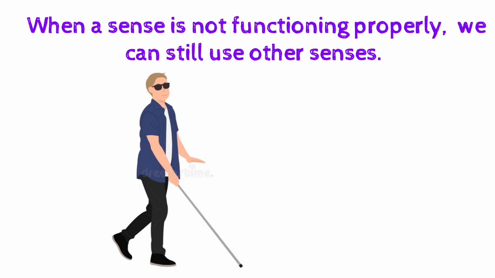This blind man, he wants to eat durian. Okay, so what sense can he use? He can use his sense of taste to taste the durian, and he also can use his sense of touch to touch the durian. Okay, how about the sense of smell?